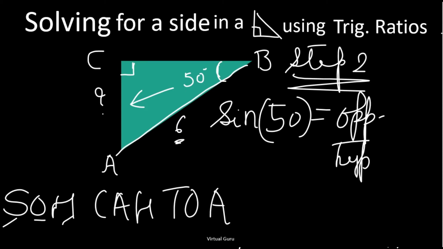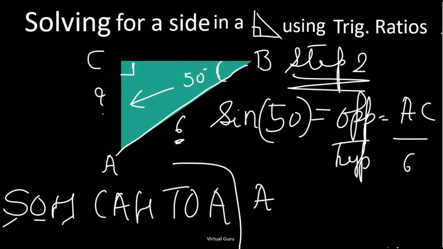The opposite of 50 is what we are going to find. We can just name it AC or X or anything, and the hypotenuse is 6. Now AC is the one we should find. So multiply 6 into sine of 50.